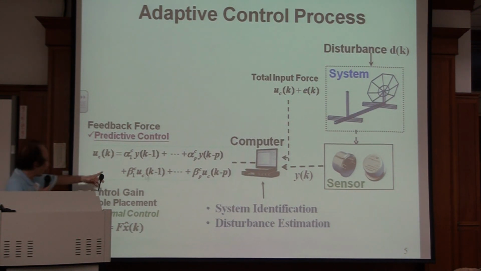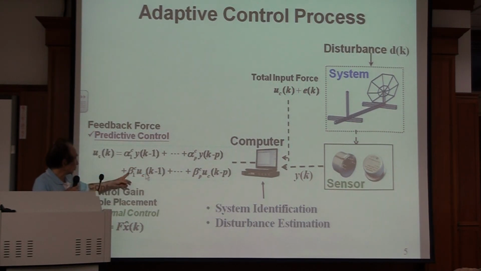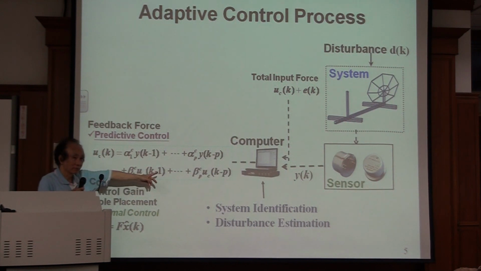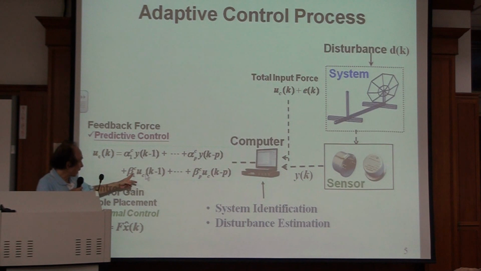Now, this alpha 1c, alpha 2, alpha pc, beta 1c, beta 2, beta pc, those are the gains for the past output and the past input. So that c here means control.